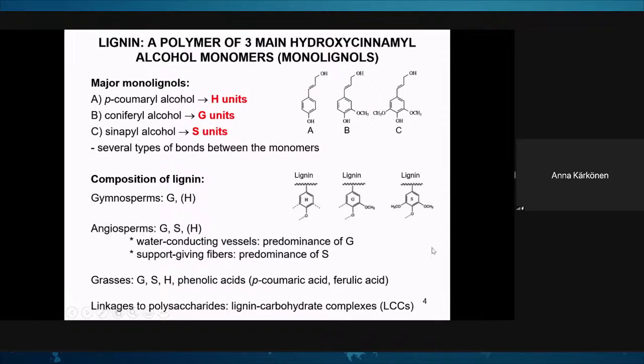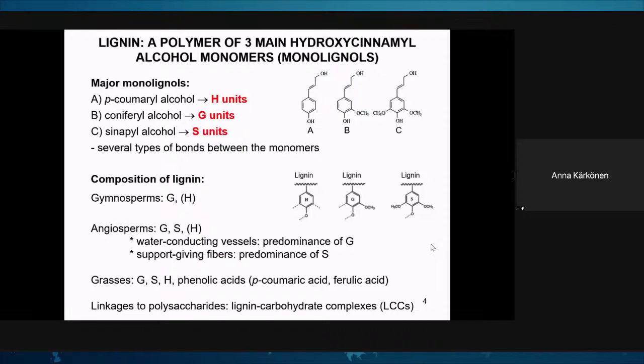And as Edward told, there are differences in composition of lignin in different plant groups. In gymnosperms, like Norway spruce, the lignin is mostly composed of coniferyl alcohol, that is guaiacyl units, with a small proportion of H units. In angiosperms, like Arabidopsis and poplar, the lignin is composed of G units and S units with a small proportion of H units. And there is a difference in water conducting vessels. There is a predominance of G units, whereas in support-giving fibers, there is a predominance of S units in lignin.